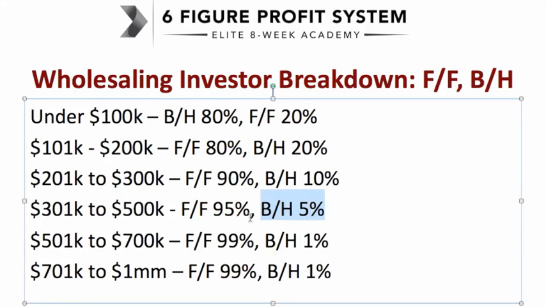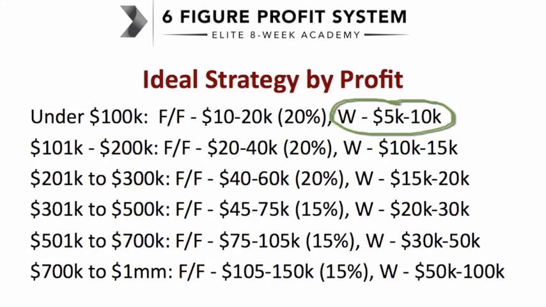Only 5% are buy and hold. When you get to the 5 to 700, it's like 99 to 1, and same with the 7 to 1. Meaning, as you go up in price, you're going to be wholesaling to more fix and flippers, less buy and hold investors.